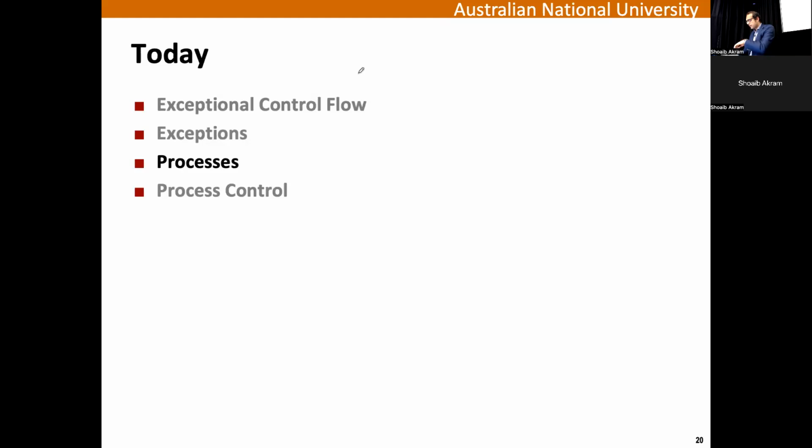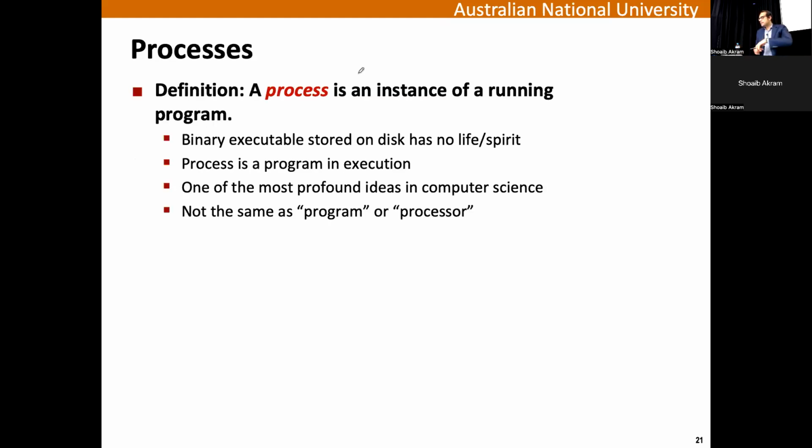So I want to start looking at processes. A process, as I was saying, is an instance of a running program. Once again, when we compile our C code, the resulting binary executable is stored on a device, a disk, or on your laptop, on a solid-state drive, and it has no life.